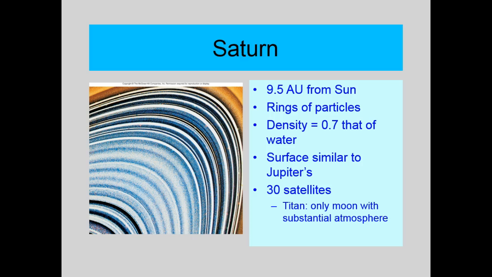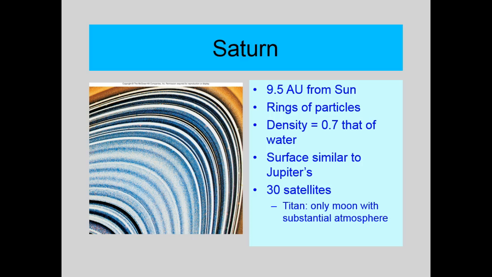All four gas giants, Jupiter, Saturn, Uranus, and Neptune, have rings, but none of them hold a candle to Saturn. The others are just very minor little rings. Saturn's rings are the prettiest of any planet we know of.